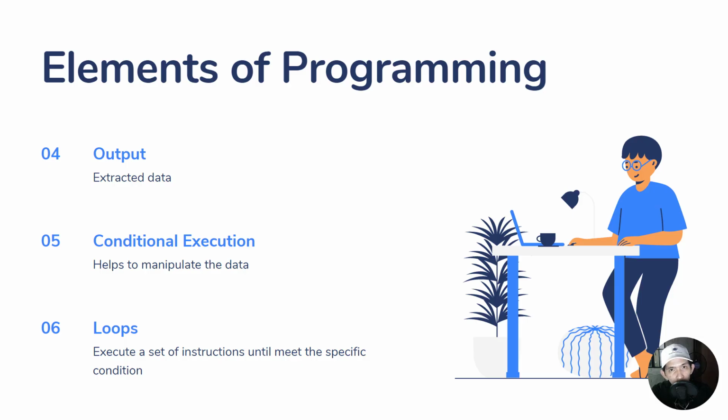Nag-type ka ng 1, and then you use mathematical operations like plus, minus, divide, multiply, and then you input the second number, let's say 1, tapos kinlik mo yung plus, tapos kinlik natin ulit yung 1, the output will be 2.